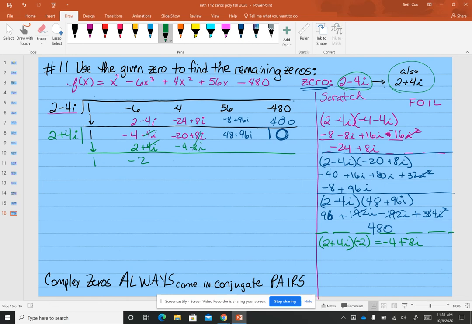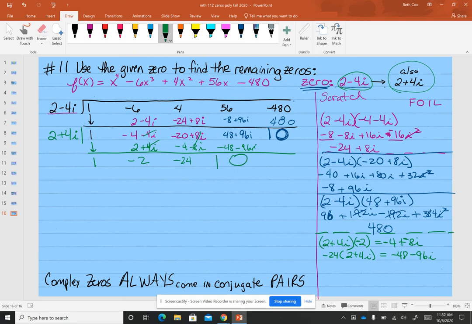Again, that goes away, and then I'm left with negative 24. So then I'm going to do negative 24 times 2 plus 4i. Again, it's just a distribute. Negative 48 minus 96i. Is that right? Negative 48 minus 96i, and bam, there we go.